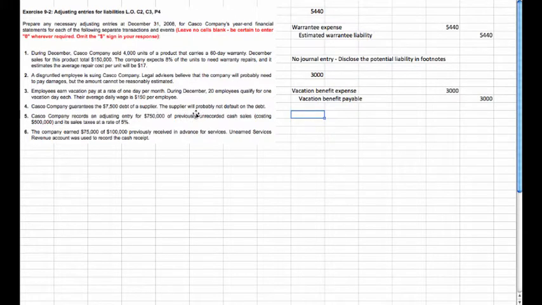Since the supplier will probably not default on the debt, that means it's going to be really remote that we're going to be obligated to pay that $7,500 debt. Since it's remote, no journal entry required. Now the question is, do you need to disclose it?